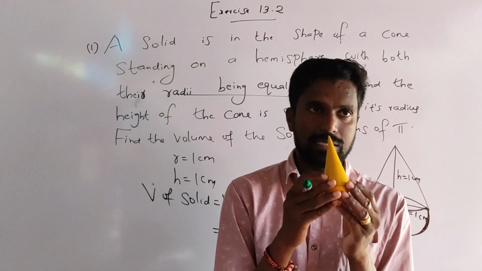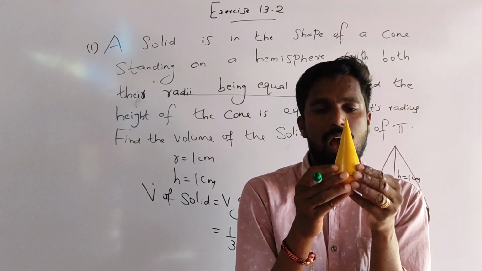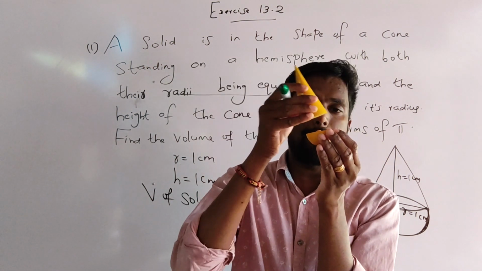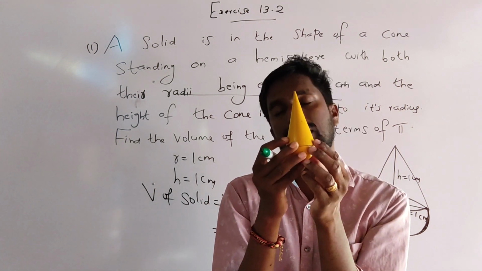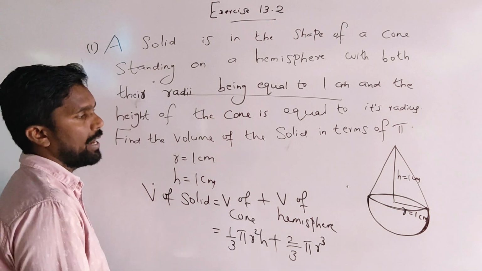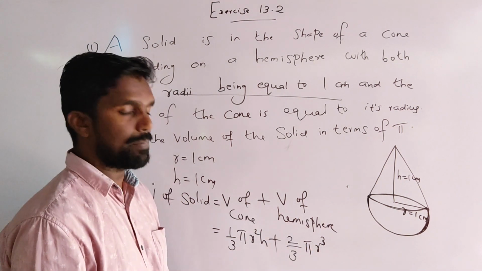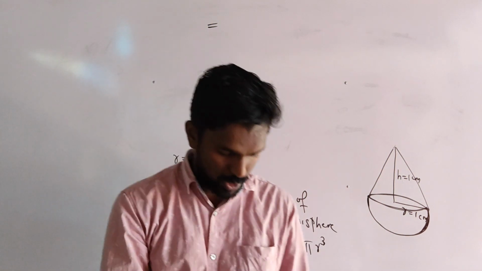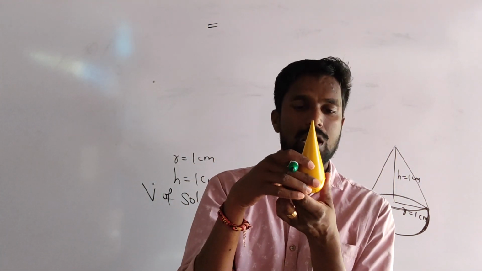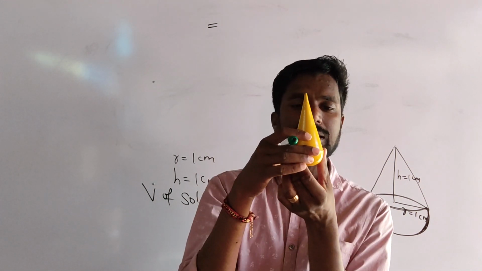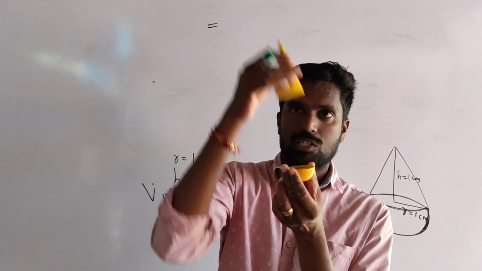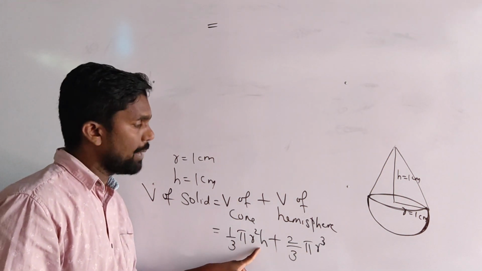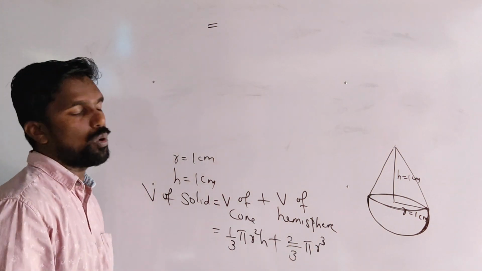This is the solid: this is the cone, this is the hemisphere. The volume of the solid means volume of cone plus volume of hemisphere, so both volumes have to be added.